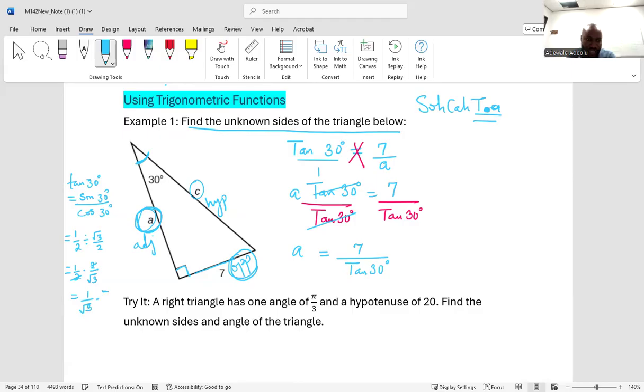If we rationalize this, times root 3 over root 3, we will have root 3 divided by 3. That means here we have 7 divided by tangent of 30, which is root 3 over 3, and we have 7 times 3 over root 3.